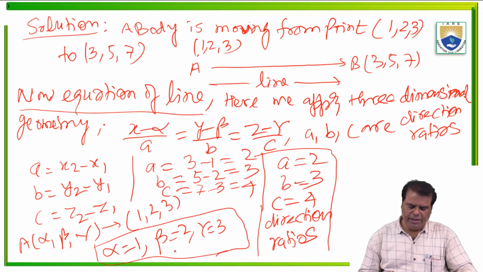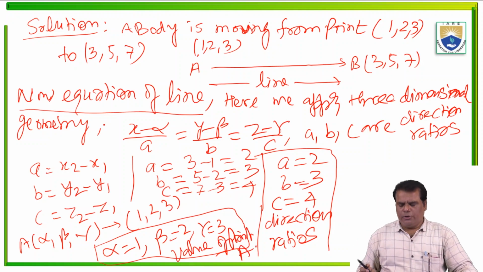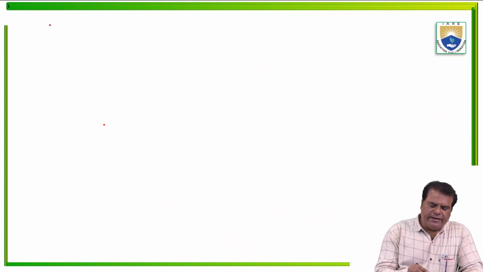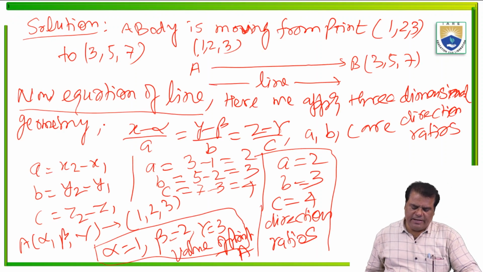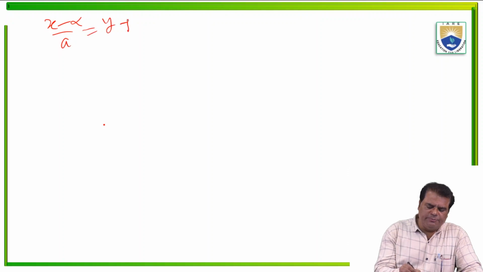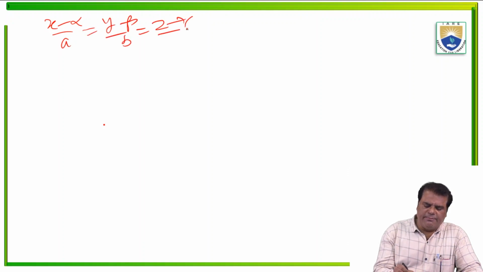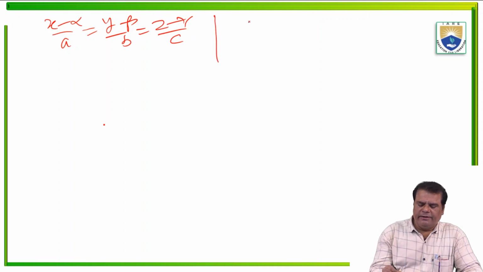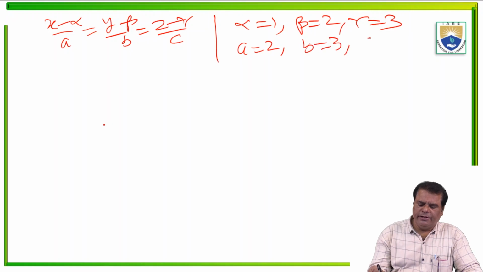the value of point A here. So now (x minus alpha) upon a, (y minus beta) upon b, and (z minus gamma) upon c, where alpha is 1, beta is 2, gamma is 3, a is 2, b is 3, and c is 4.